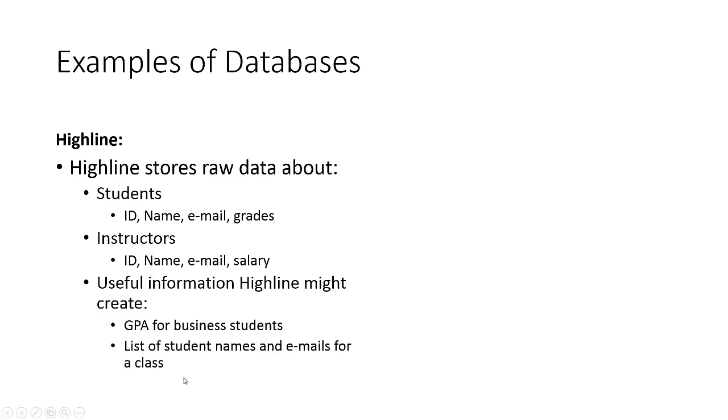Or how about when all the students are signed up for fall? Well, when they create that list of student names and emails for a particular class and give that to an instructor, that's going from all of the raw data to some useful information. That report of what students are in the class and what their email address is useful information for the teacher.